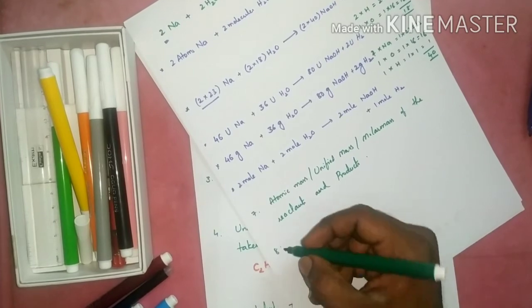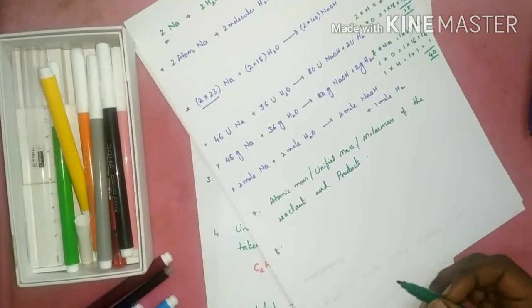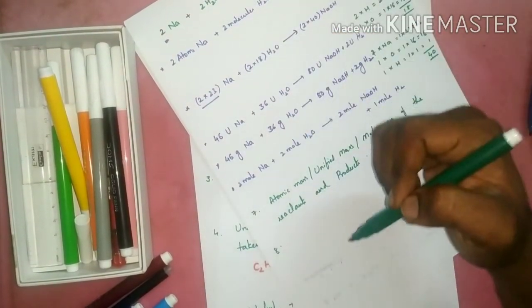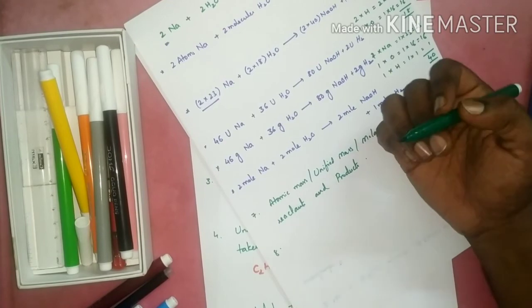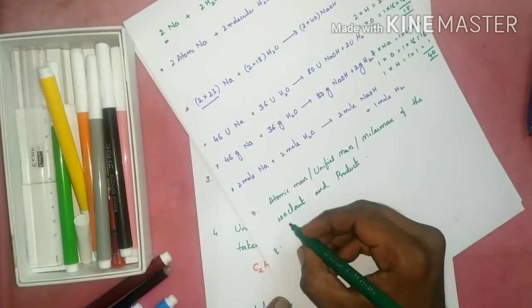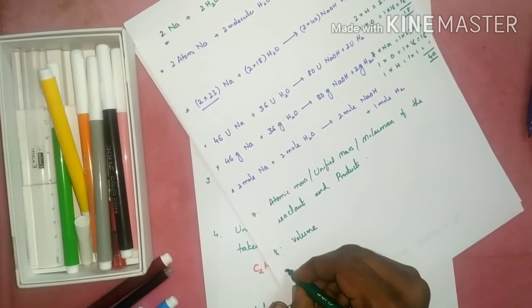Still, if there are liquids, H2O is a liquid here, we can convert this H2O into volumes. So an equation also says the volume of the reactants and products.